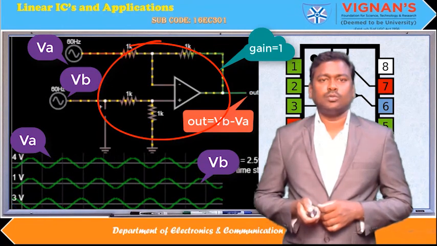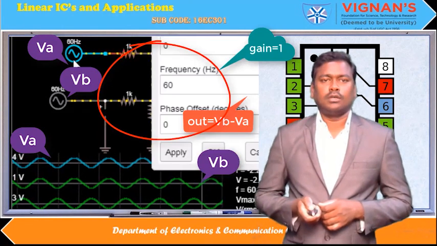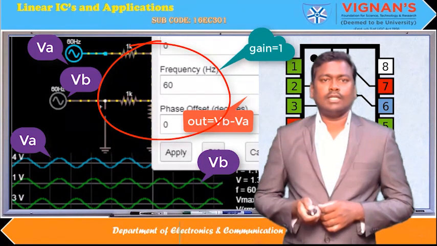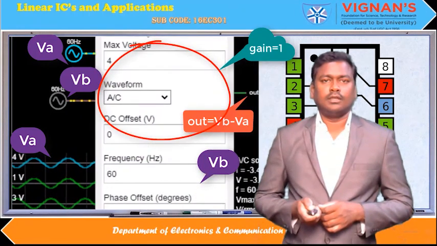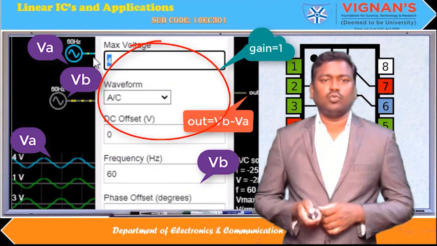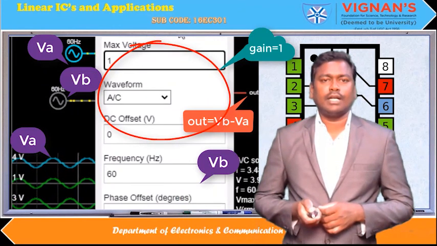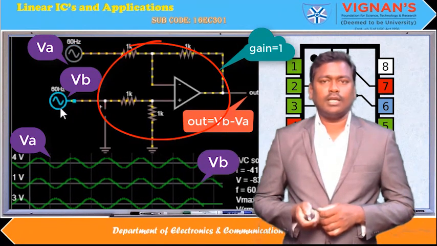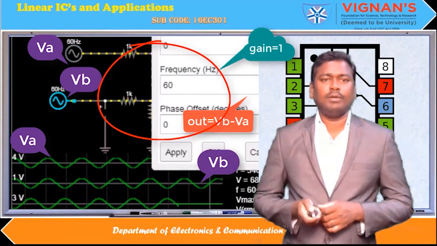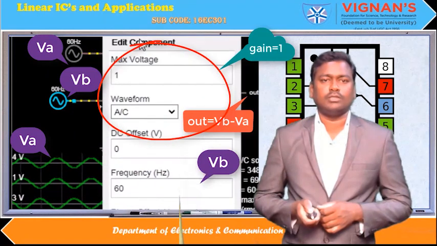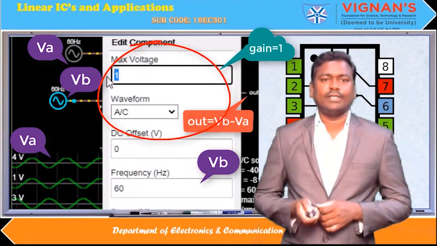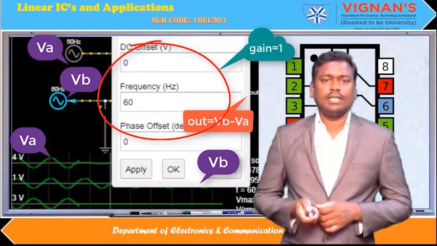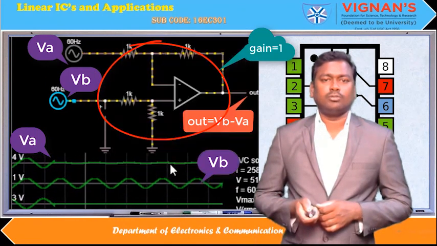In case 2, the Va signal, the first input signal, is changed to 1 volt peak to peak, and the second input signal is changed to 4 volts peak to peak. Then the output Vb minus Va is equivalent to 3 volts. In this case, the output is positive, so we don't see any phase change between input and output.